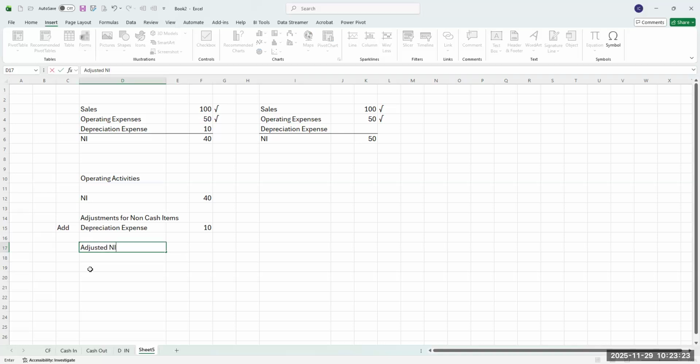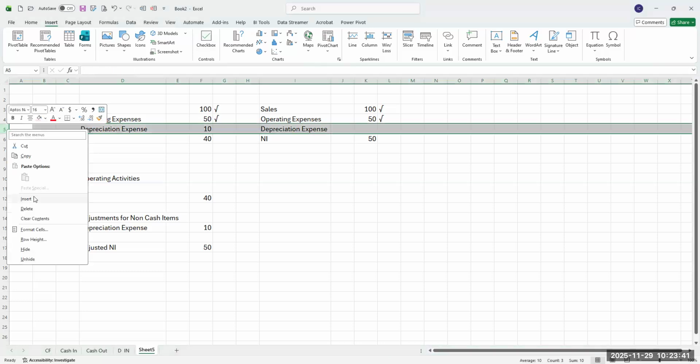Adjusted net income, it's going to be 40 plus 10, it's going to be 50. Is it exactly what I'm looking for? Yes. So every time when you see it, that's why I can have depreciation expense.